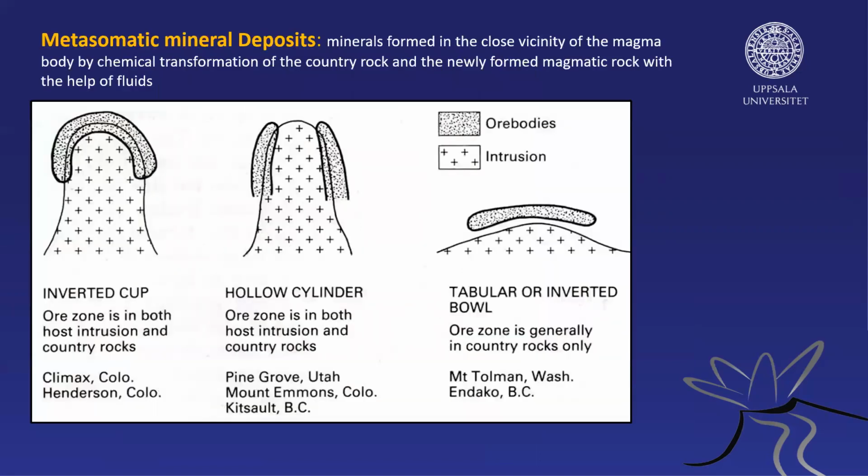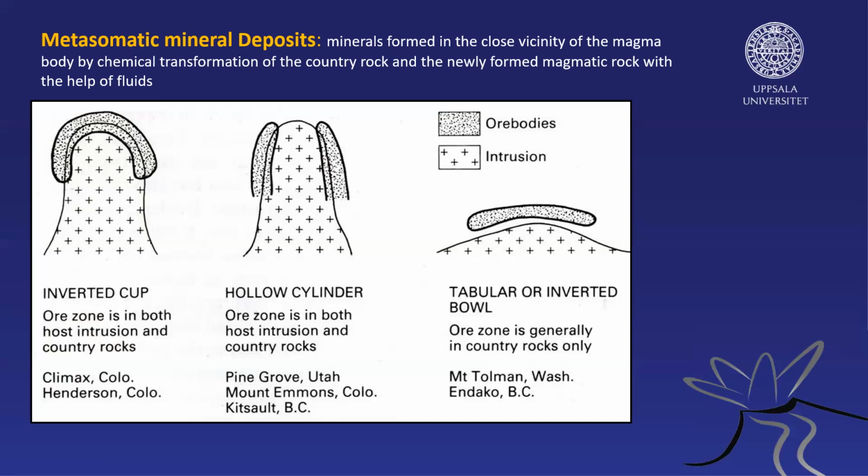Okay, let's switch to the next one. Metasomatic mineral deposits: minerals formed in the close vicinity of a magma body by chemical transformation of the country rock, but also the newly formed magmatic rock, with the help of fluids. Basically, we are close to a magma body. You have a lot of heat, a lot of fluids, and a lot of chemical reactions. You transform the minerals, elements move, and then you form an ore deposit.